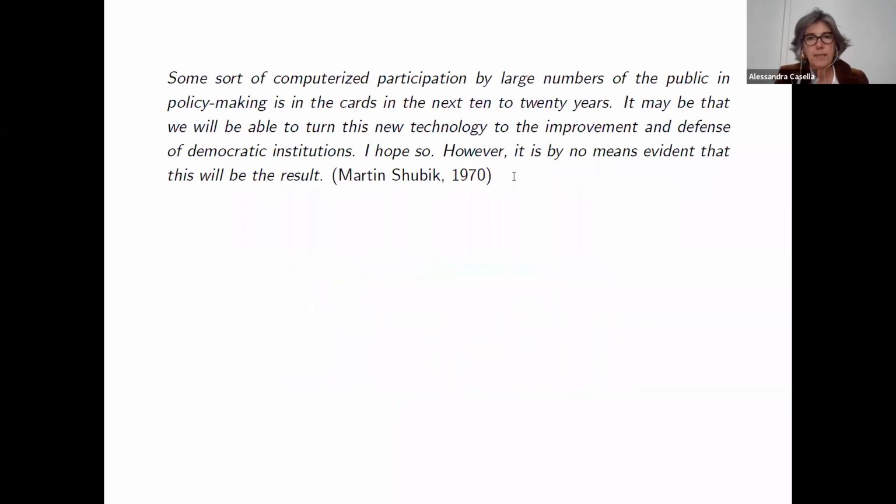And this is why I thought we would start, as a motivation, with this citation from Martin Shubik in 1970, who says, some sort of computerized participation by large numbers of the public in policymaking is in the cards in the next 10 to 20 years. It may be that we will be able to turn this new technology to the improvement and defense of democratic institutions. I hope so. However, it is by no means evident that this will be the result.